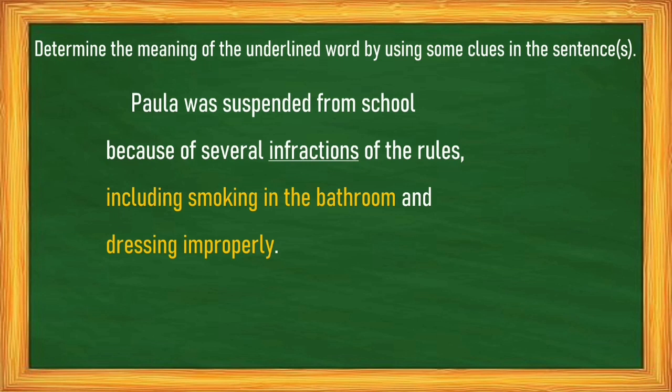We also have other clues in this sentence like suspended, and we have also the word rules. So when we say infractions of the rules, it sounds like violations of the rules. Now, since we have examples here, examples of infractions or violations, what type of clue is used? That's right, we have example clues.